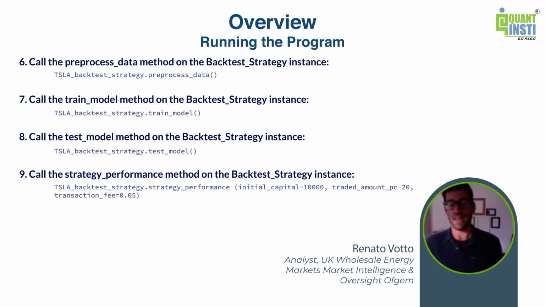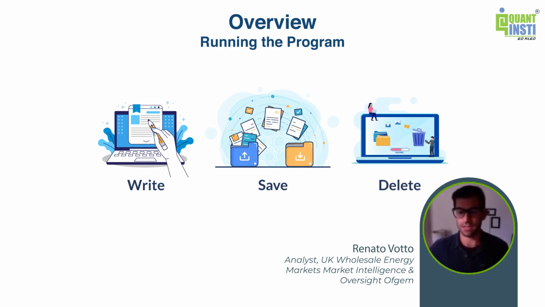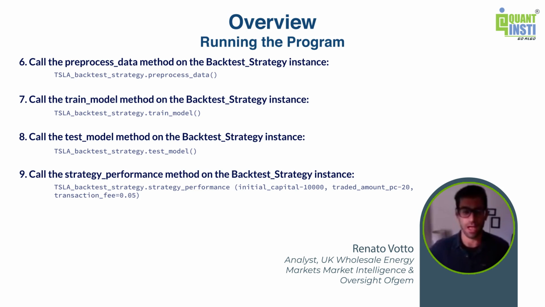All these steps are, let's say, recursive and interactive, so that basically once you call one of these methods, you will be prompted with a menu driven program, and you will just input data as you are interacting with any other application within your development environment. And you can write files, you can save files, you can delete files from this program which are related to the machine learning model, and the program will do everything for you. At the end, there's the last method, which is strategy performance. And you basically call that to end up with your plots and tables that will show the result of the strategy, which we will see in the next slide.